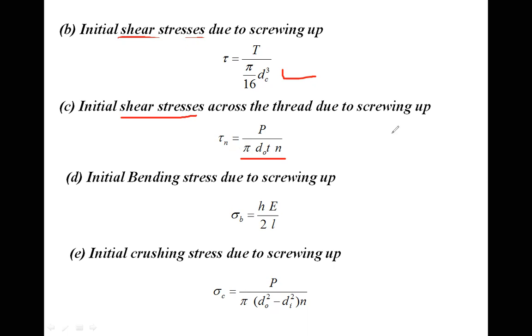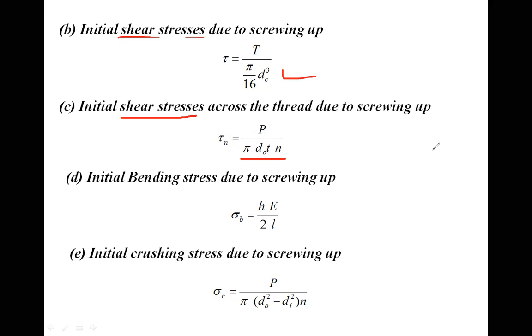Here pi d0 is the perimeter of that shear area, t is the total thickness, and n is the number of threads. In our previous section on the power screw, we have already seen this type of formula related to shear stress across the thread.